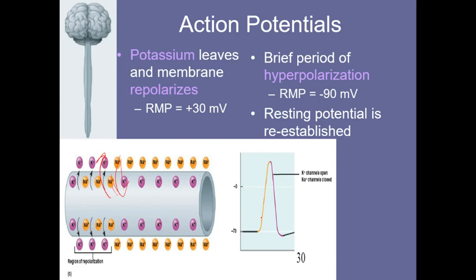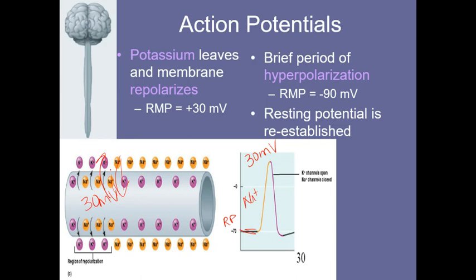So looking at my graph again right here, resting potential down here at negative 70. Sodium is flowing into the cell as this line is rising up, and it goes up to a positive interior charge of 30 millivolts compared to the outside, okay, with all that sodium in there.